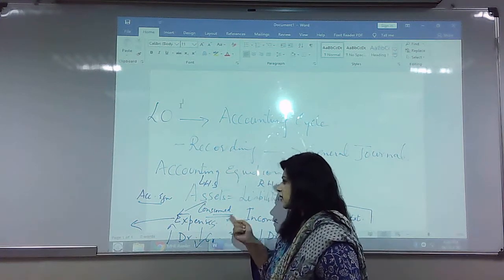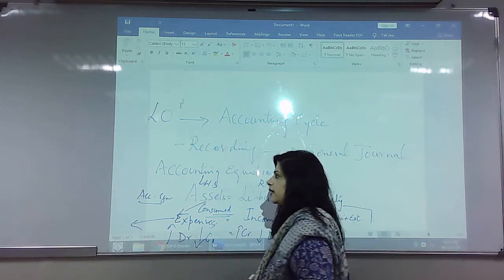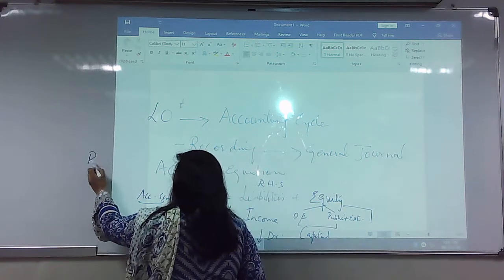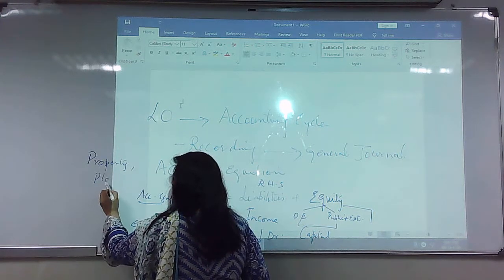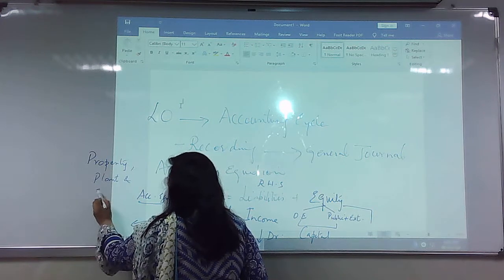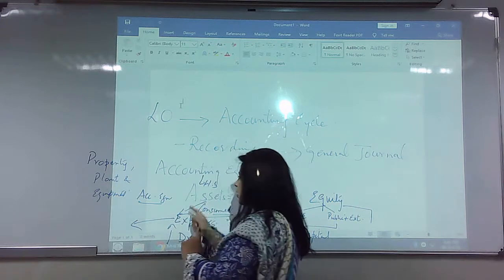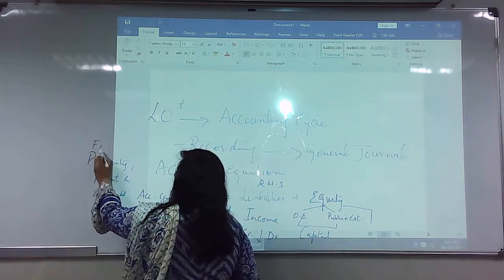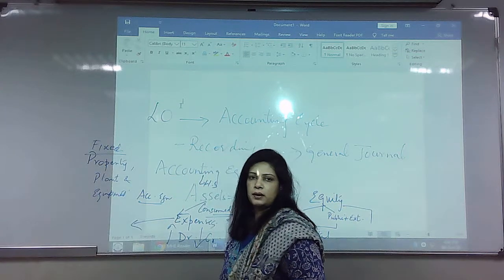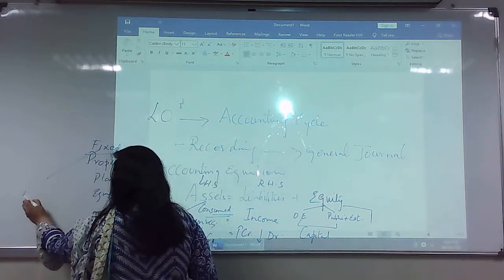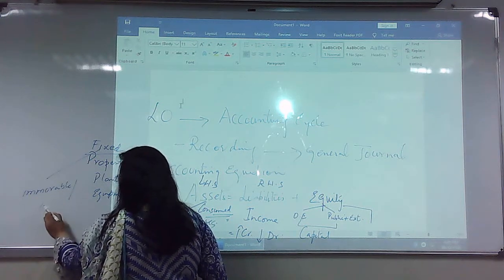So in this case, the factory has to be very big, and for the equipment and the plant, we usually use the word property, plant, and equipment for assets which are fixed. When I say fixed, it means that they are immobile, immovable.